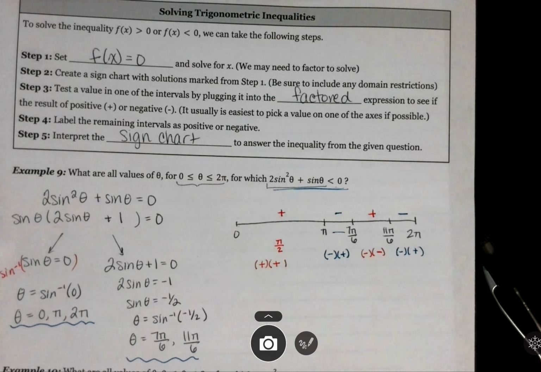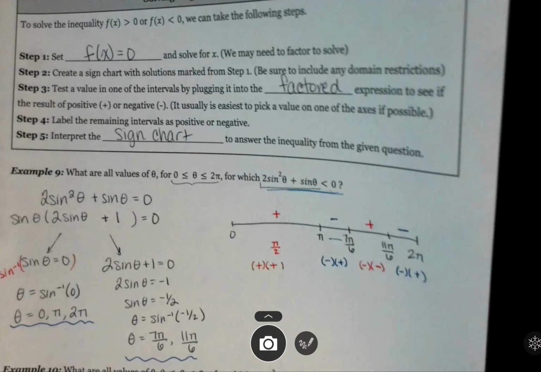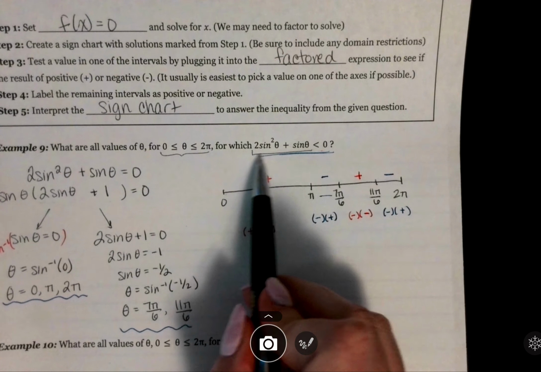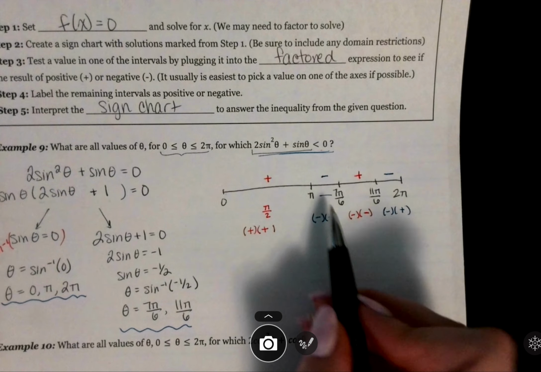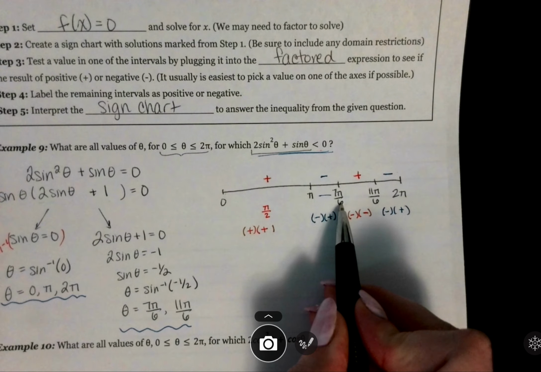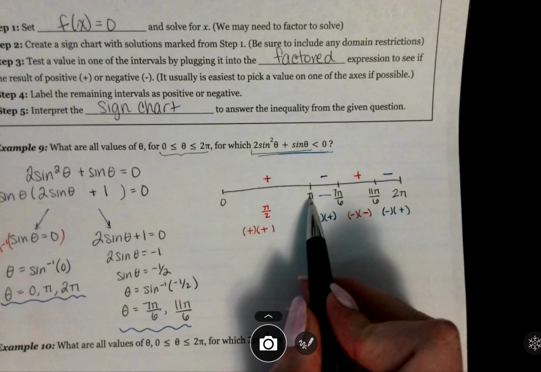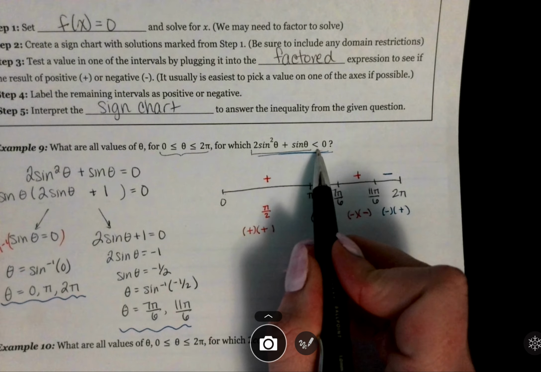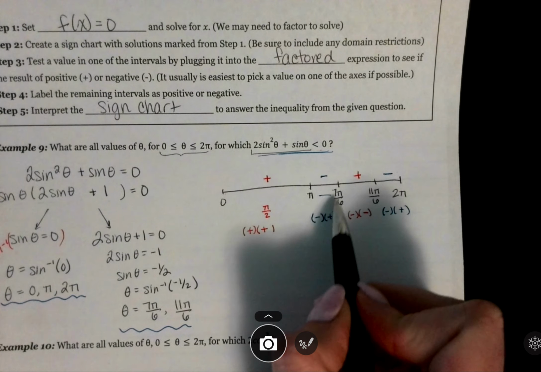So now that I have my sign chart, I want to interpret that for my answer. When it asks for the values of theta in which this is less than 0, I know that's true between pi and 7 pi over 6. I do not want to include these values because it's not asking for equals 0, it's asking for in between.